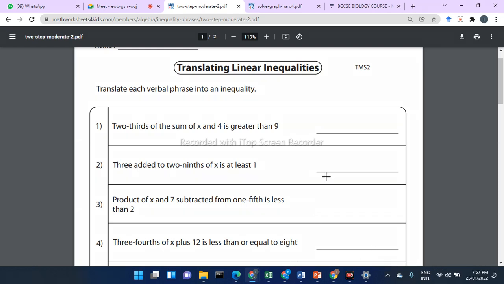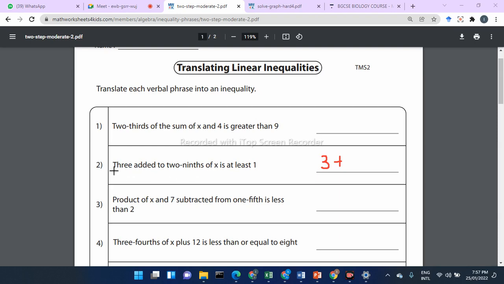I like that. 2/9 of x. So that'll be like 2/9 x is greater or at least. At least would be like equal to. So it would be equal to 1. Equal or.